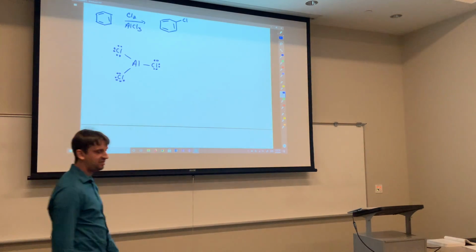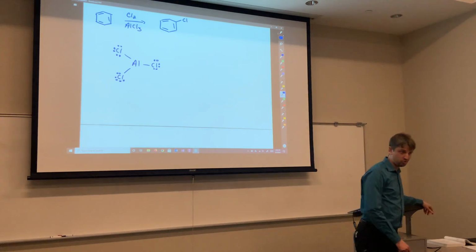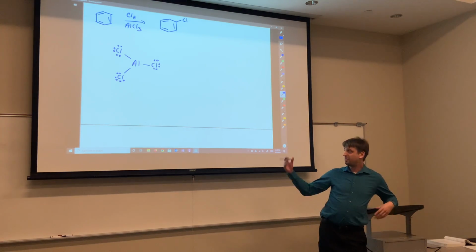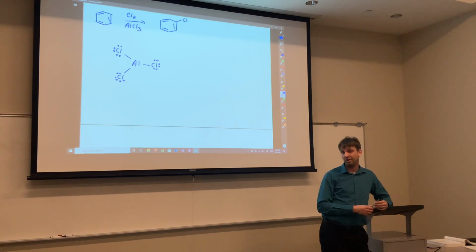Aha! Aluminum does not have an octet, and yet it still does not have a formal charge. It looks like we might be deficient of that octet in terms of available electrons to the aluminum, so we might expect it to have a positive charge, and yet it doesn't.